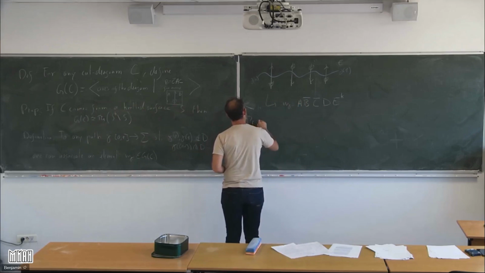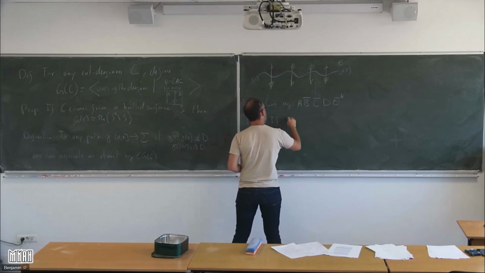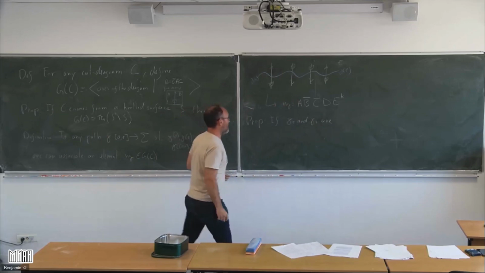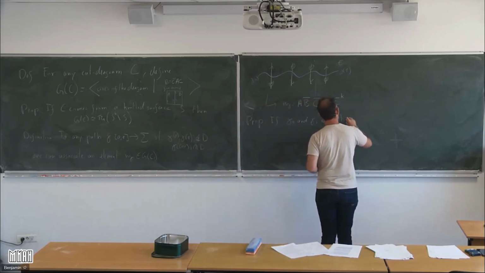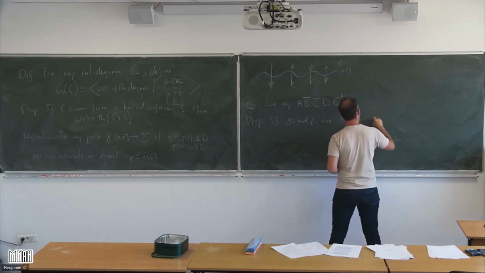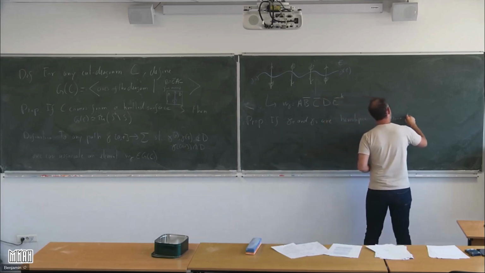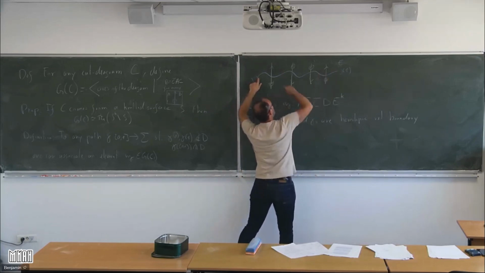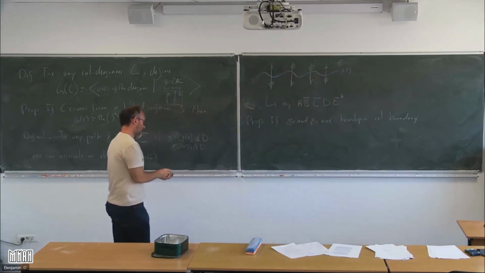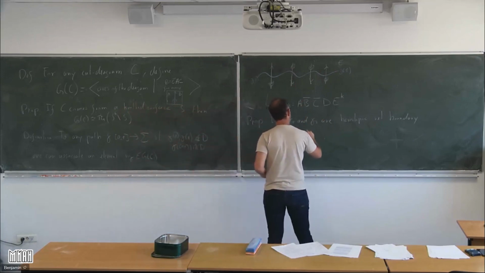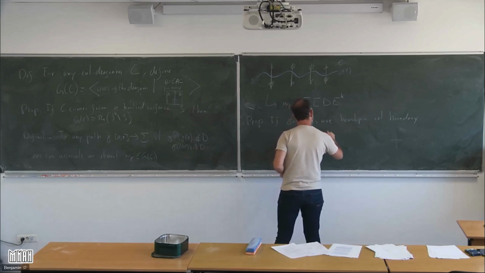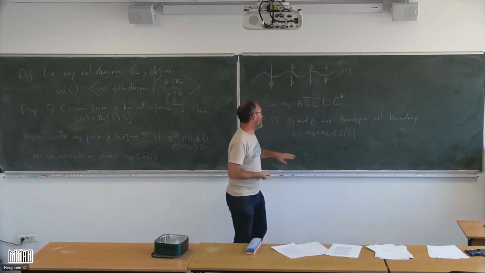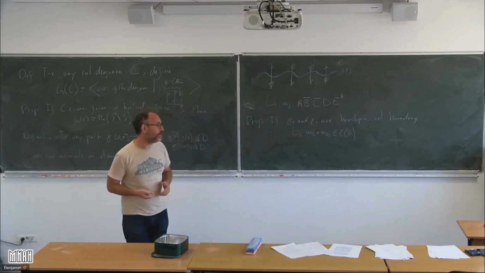And proposition: if gamma 1 and gamma 2 are two paths which are homotopic relative to their boundary, so they have fixed endpoints but you have a homotopy in the middle, then the associated elements in the group of your cut diagram are the same. Okay?